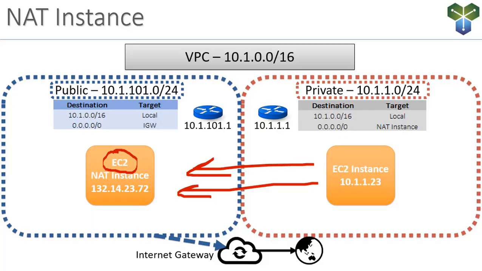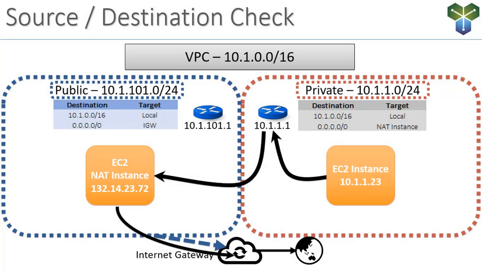I'm going to have to manually scale it. And if there's a substantial increase in traffic, I may need to add more CPU and memory, which means I'm going to have to change the instance type, which means I'm going to have an outage as I manually make that change. So there's a lot of manual work involved in these NAT instances. And that's really what you want to bear in mind when it comes to NAT instances: they are created on EC2 and there's a lot of manual work involved.